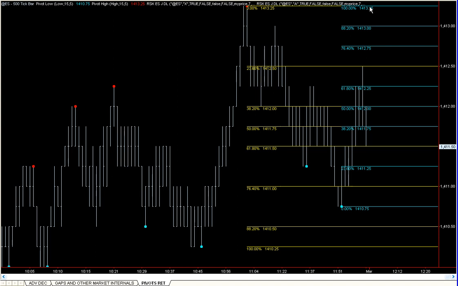When you're looking at these retracement lines, it says nothing about market direction. Do not anticipate that just because you've got retracements that are showing up exclusively as yellow lines, that the market is necessarily moving up, or that it is necessarily moving down.